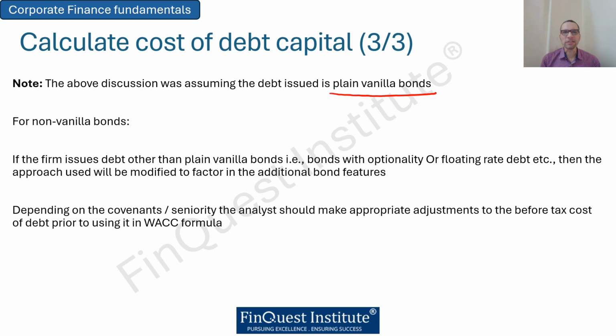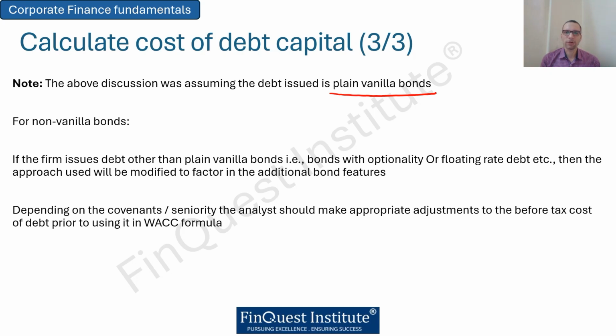There could be different rationales as to why a company might want to go in for a non-vanilla issuance. Typically, non-vanilla issuance could be, let's say, bonds with optionality. For example, there could be a bond with an issuer call option or an investor put option. Or maybe the company might want to go in for floating rate debt, where the coupon on the bond gets adjusted periodically to the market rate.